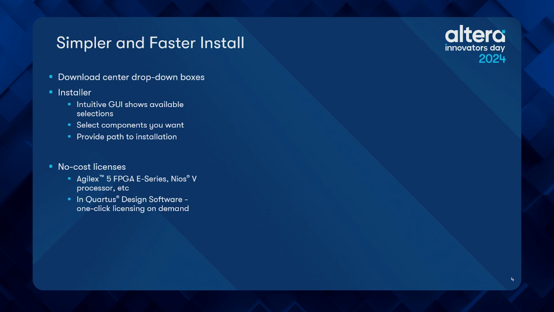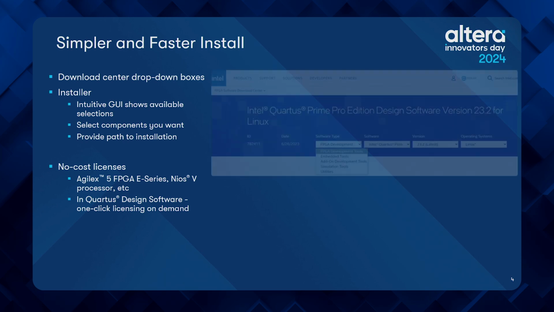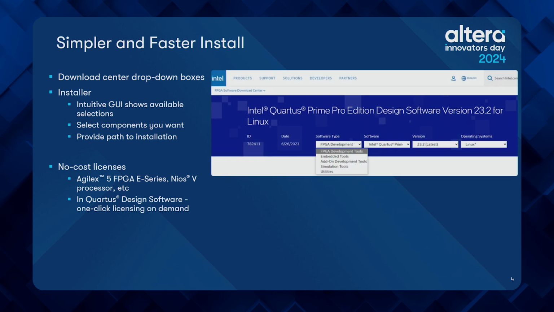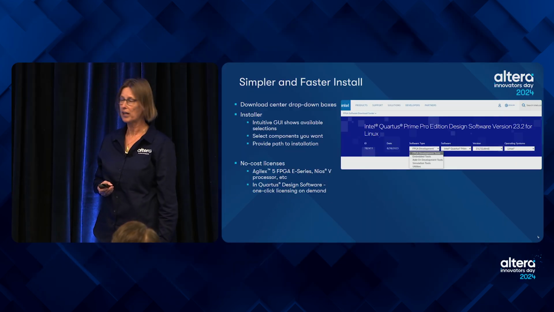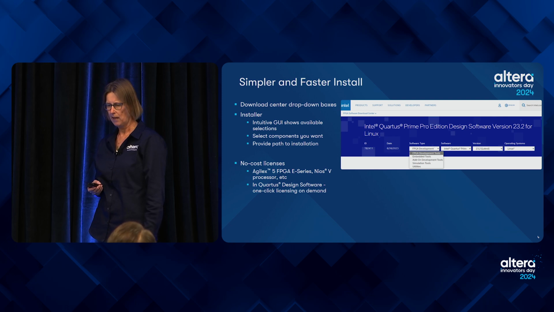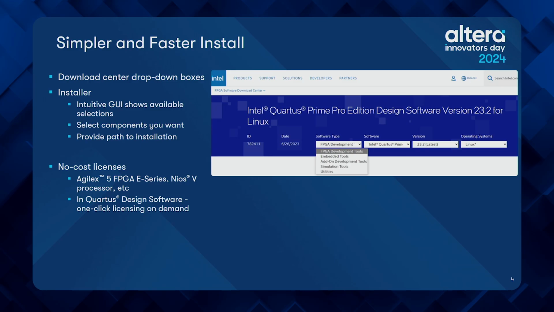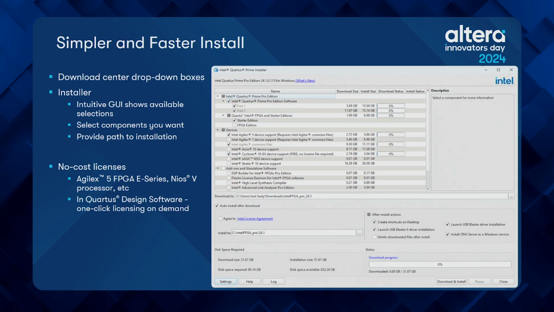Well, the first thing you need to do to get started is install Quartus. And we made the process to install it much simpler and faster. You can just go to the download center, and from there you can choose the Quartus and the version that you're interested in and the platform you want to install it on. That takes you to the installer, which lists all the components that you can install.